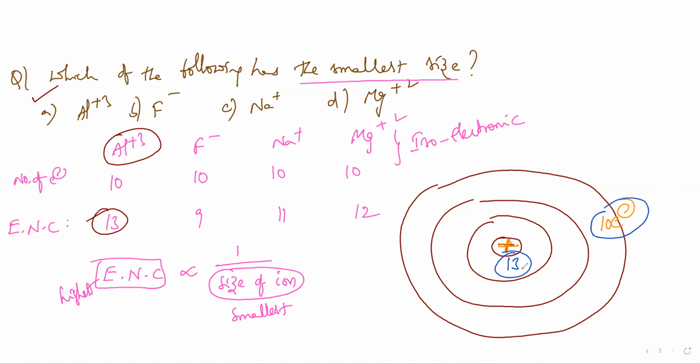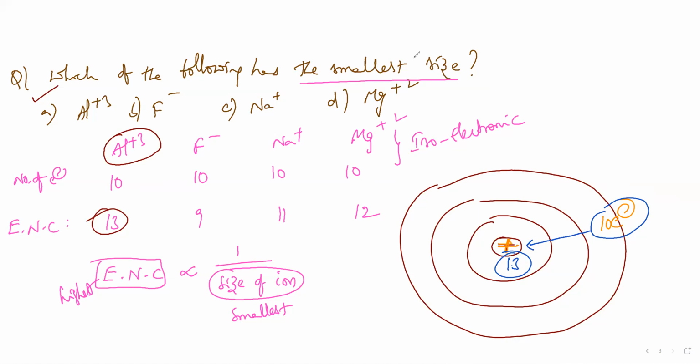Effective nuclear charge strength is more. So protons will attract electrons. As the strength of protons is more, they can pull these electrons towards the nucleus.